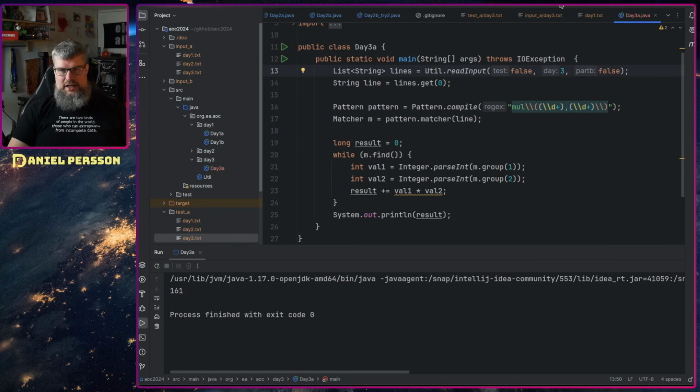And if we take the other one, we get a larger value. Let's see if this is the correct value. Put that in here. No, your answer is too low. So maybe these values are just too high. So let's do our BigInteger example again here.